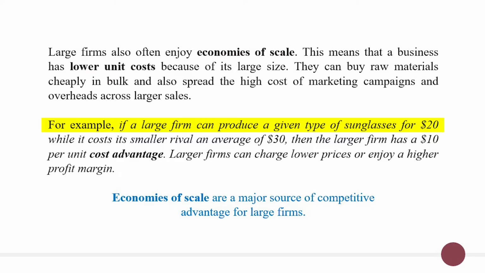For example, if a large firm can produce a given type of sunglasses for $20, while it costs its smaller rival an average of $30, then the larger firm has a $10 per unit cost advantage. Larger firms can charge lower prices or enjoy a higher profit margin as a result of their marketing abilities. Economies of scale are a major source of competitive advantage for large firms.